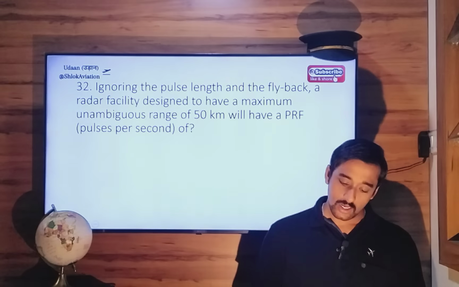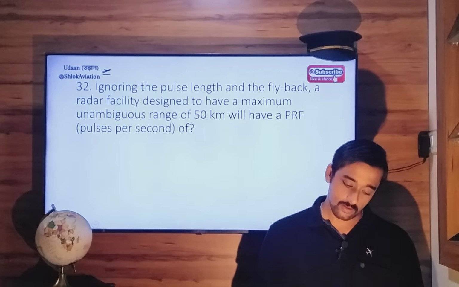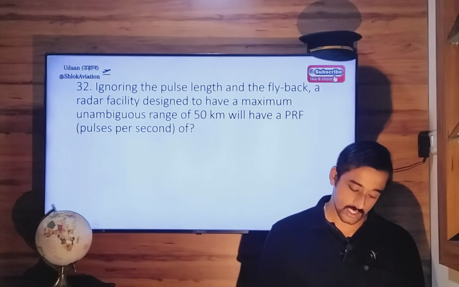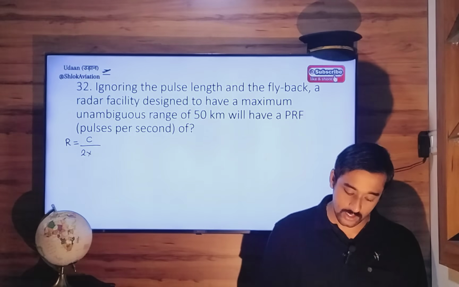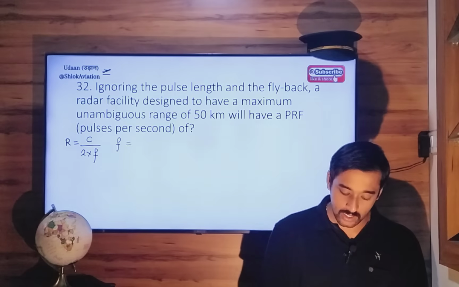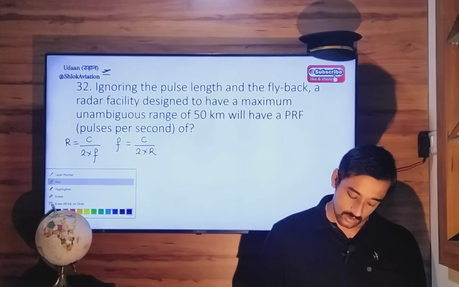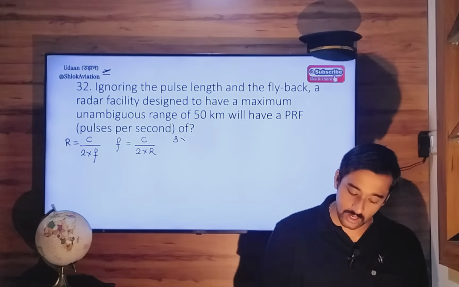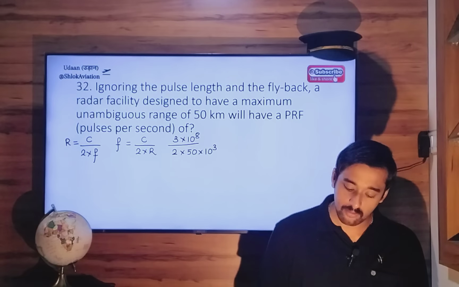Question 32. Again, range is given to us. We have to find out PRF, frequency. So range is equal to speed of light divided by 2 into frequency. So frequency will be speed of light divided by 2 into range. 3 into 10 raised to 8 meter per second divided by 2 into 50 kilometers multiplied by 10 raised to 3 meter.